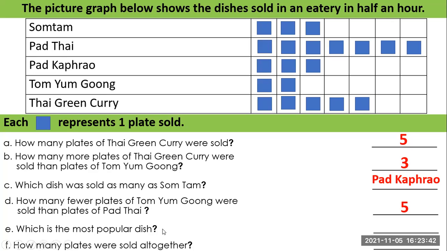Letter E. Which is the most popular dish? Most popular, have many plates sold. It's pad thai because there's 7. Now letter F. How many plates were sold all together? We will add the som tam, pad thai, pad kaprao, tom yum goong, and Thai green curry.